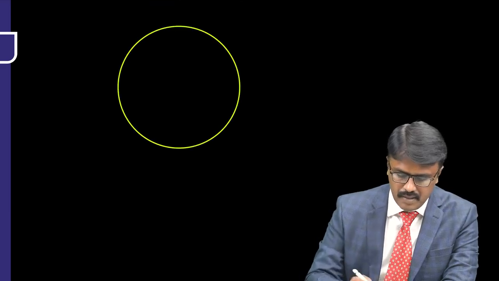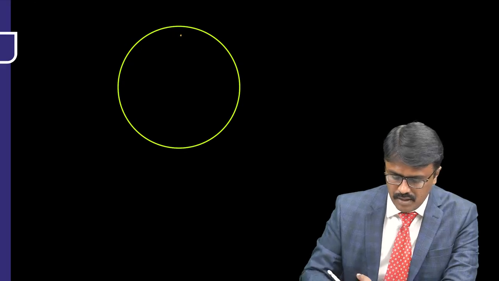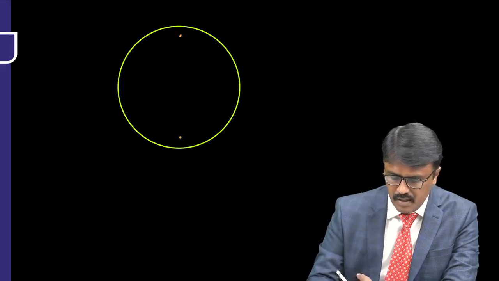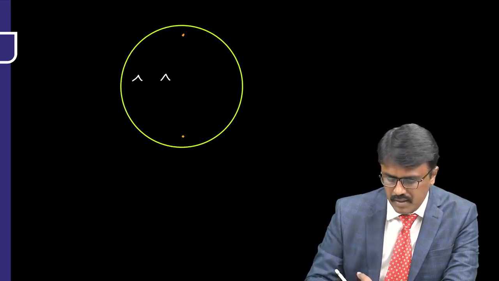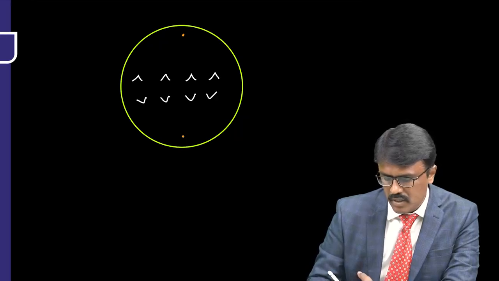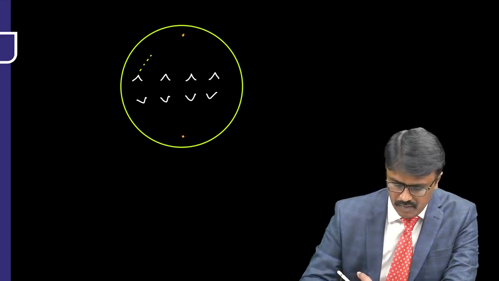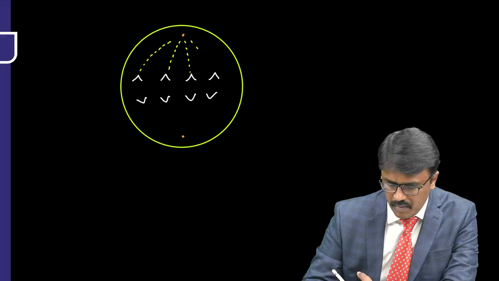This is the cell, and the cell will have a centromere, and we have the DNA which has to move apart. This is the daughter DNA. So they have to move towards the centromere. For a moment, we have the microtubule. The dotted lines I am drawing are the microtubule.